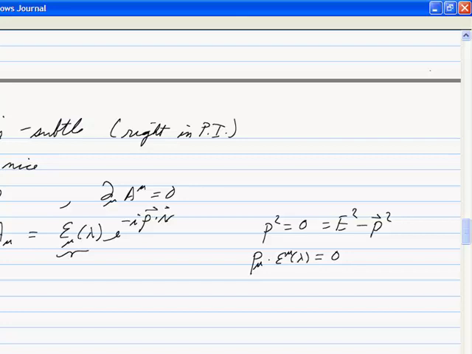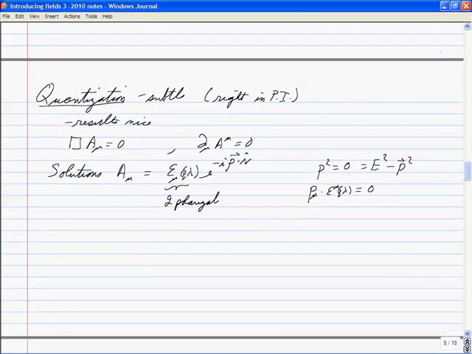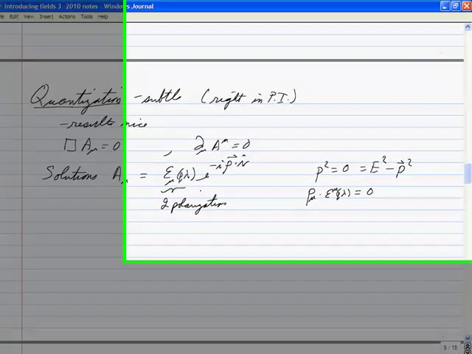I should really label that by p and lambda, so let's put the p in there. The polarization depends on the direction p, because it has to be transverse to it. Okay? So there's two polarizations transverse to the motion.